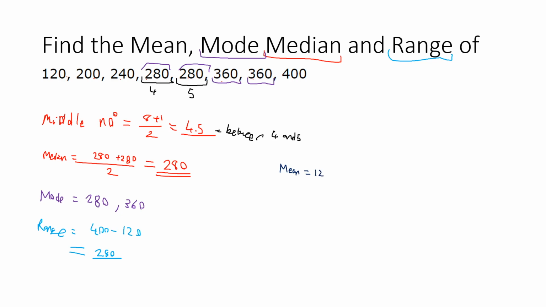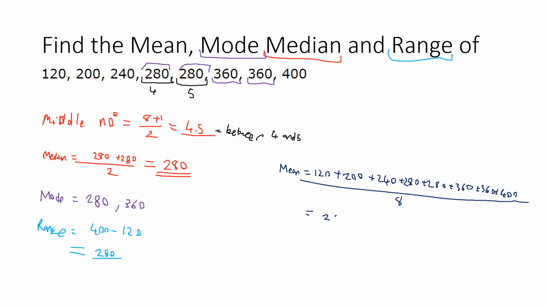So we got 120 plus 200 plus 240 plus 280 plus 280 plus 360 plus 360 plus 400, all divided by 8, which is the same as writing 2,240 divided by 8, which is the same as 280.